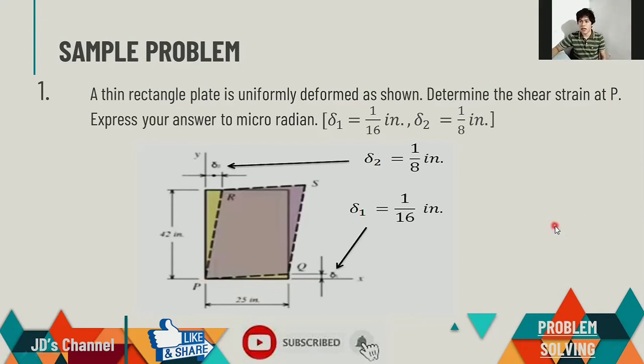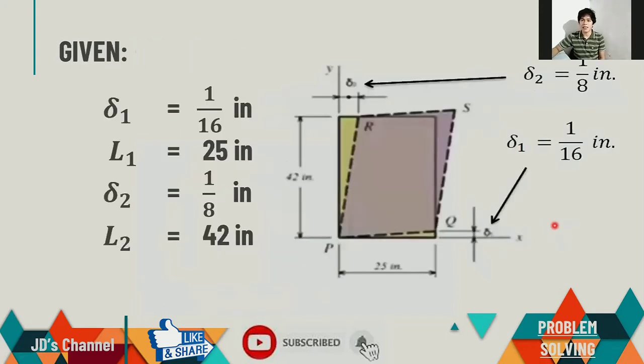For the givens: delta 1 is 1/16 inch with a length of 25 inches, and delta 2 is 1/8 inch with a length of 42 inches. Since there are two shear strains, we get shear strain sub 1 and shear strain sub 2, and then the total when we sum them up.